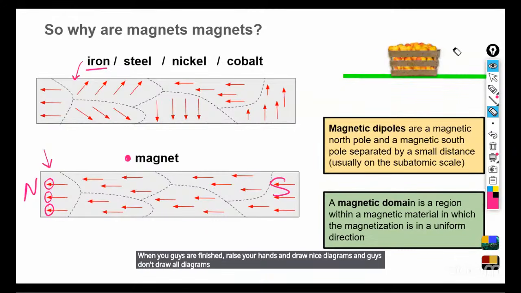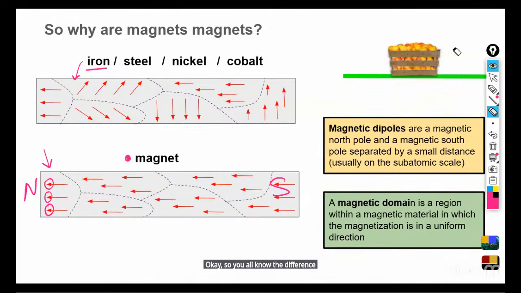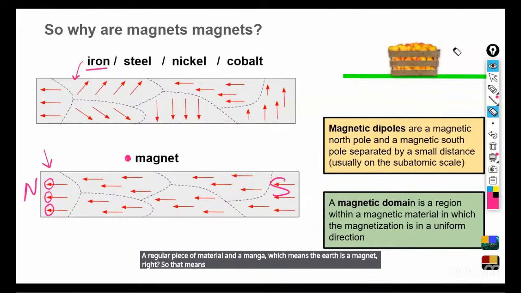So you all know the difference now between a regular piece of material and a magnet, which means the earth is a magnet, right? So when you go down and approach the center of the earth, remember there's a lot of molten liquid, a lot of hot things.